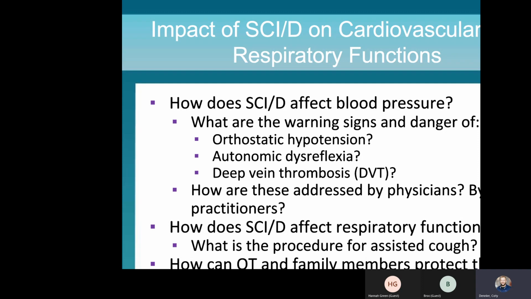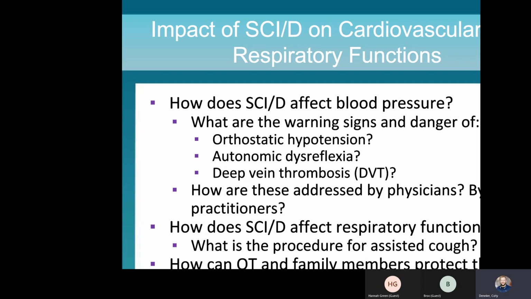How do you fix that? And this happens to everybody, not just people with a spinal cord injury. Have you ever sat up too fast in bed when you get up in the morning? What do you do? You just lay back down, right? That's the same exact thing you do with the person who has a spinal cord injury. And then you want to slowly elevate them back into sitting up, okay?